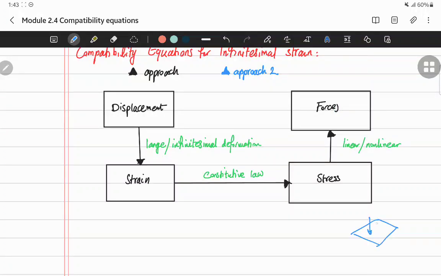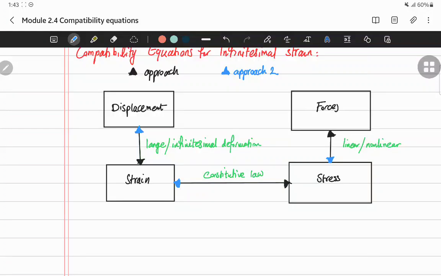It could be a distributed force or a concentrated force. You could have moments, for example. And from here, we are able to calculate the stresses. From stresses, we can get to strain using the constitutive law. And from strains, we can get to the displacement field.